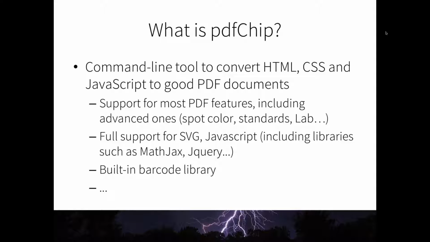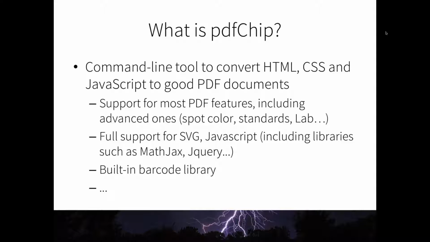It has full support for SVG because it's built on WebKit. It also has full support for JavaScript, and that means that you can also use many of the more complex libraries, something like MathJax to support MathML, something like jQuery that you know from website development.